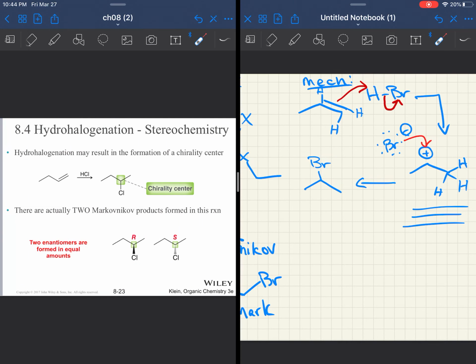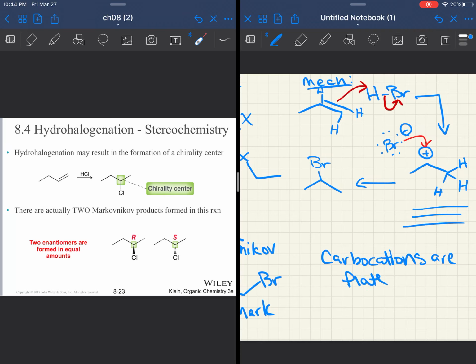Now, because we form a carbocation, remember, carbocations are flat. Carbocations can be attacked from either side. So if you had a stereocenter, you would not necessarily get inversion, you would get racemization, right?